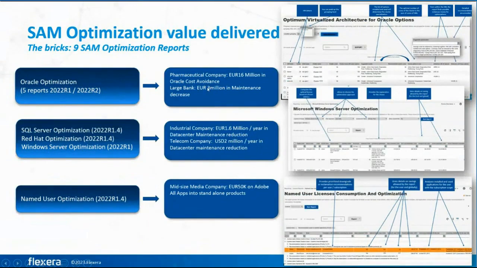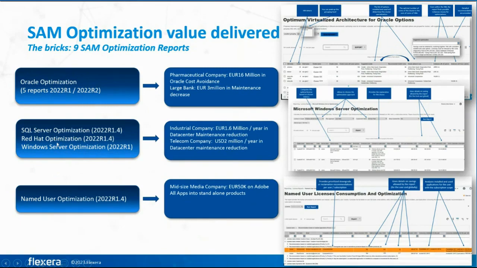This was about moving the VMs to optimized clusters. Another experience was a pharmaceutical company that was under an audit. 16 million in Oracle costs were avoided, again, with these reports. It was actually before the reports were released. But there are customers now taking advantage of the Oracle optimization reports to optimize their architecture and decrease the cost massively with this sub-partitioning.